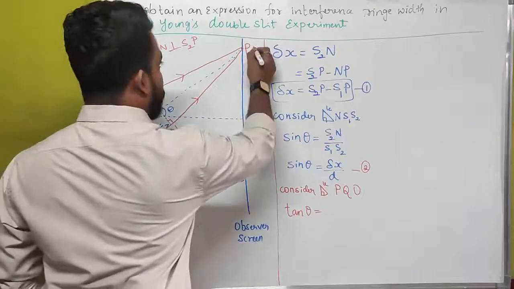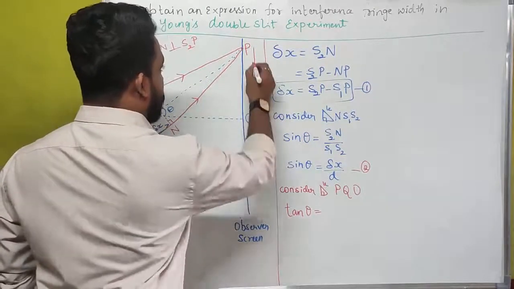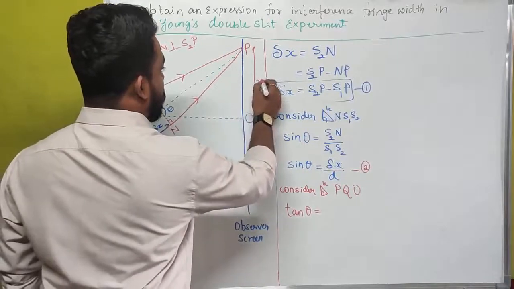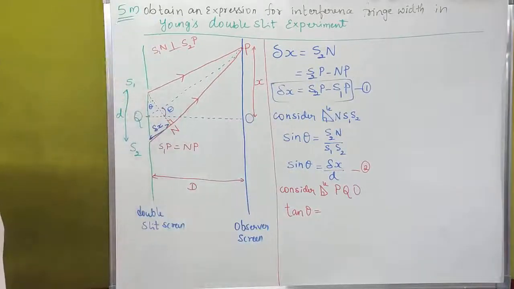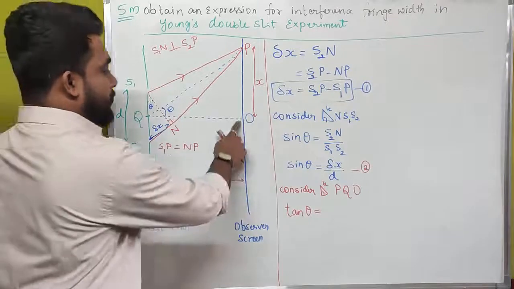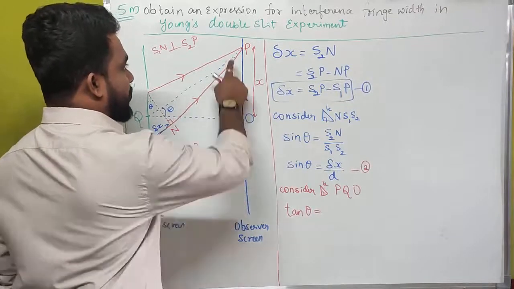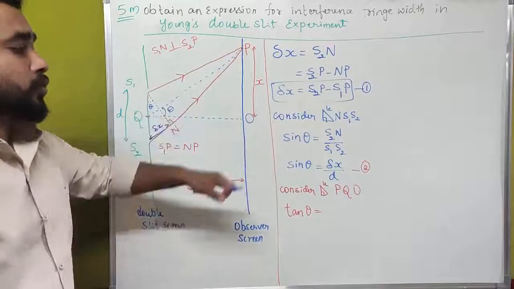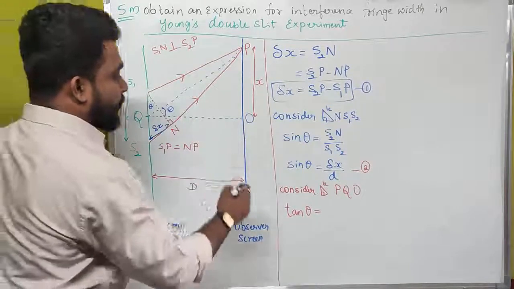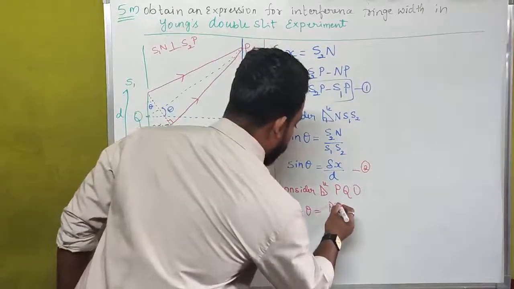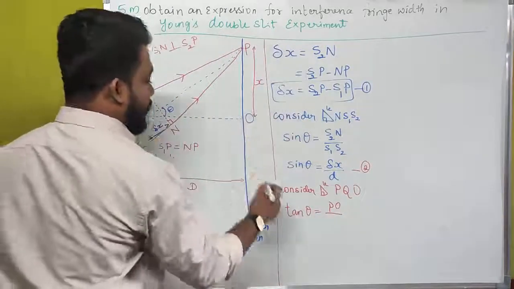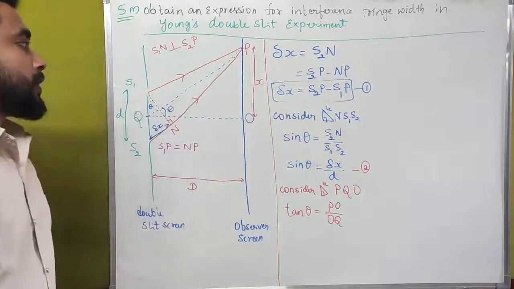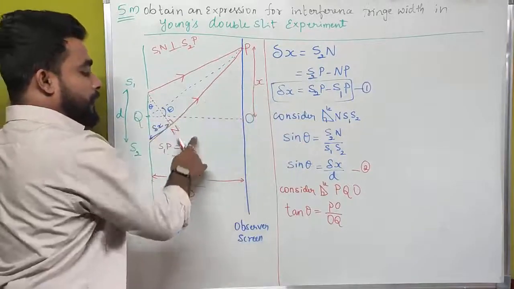Or we may consider this as the distance between the center O, the center bright fringe, and the point of superposition of these two waves, called x. Then what will it be? PO divided by OQ, that is opposite divided by adjacent.